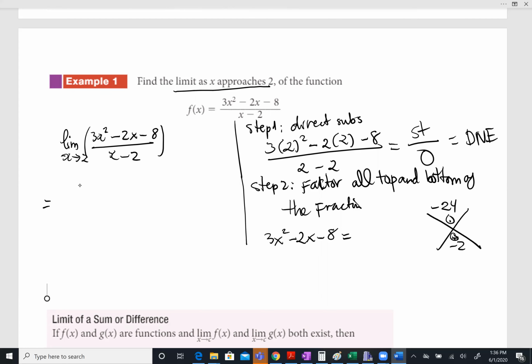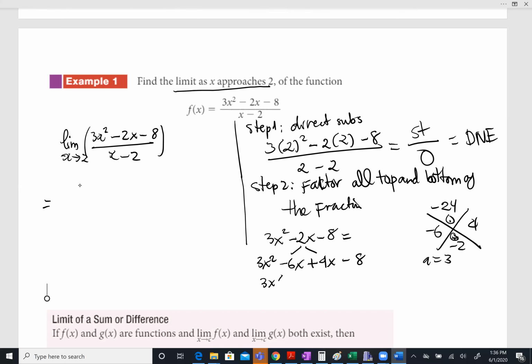I'm going to say -6 and 4. Okay, that works. Because a here is equal to 3, you split the middle term into -6x plus 4x, and keep the other terms 3x squared and minus 8. Then use the grouping method to factor it.